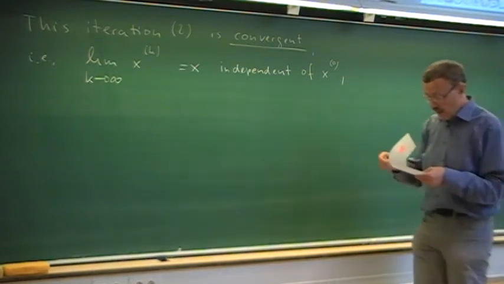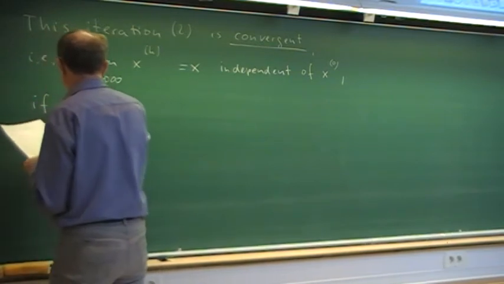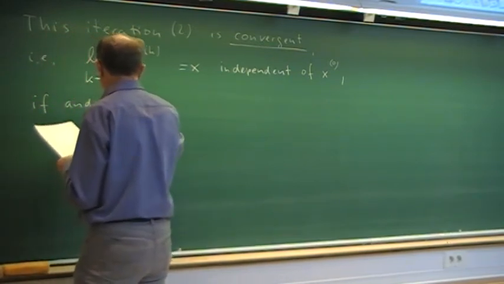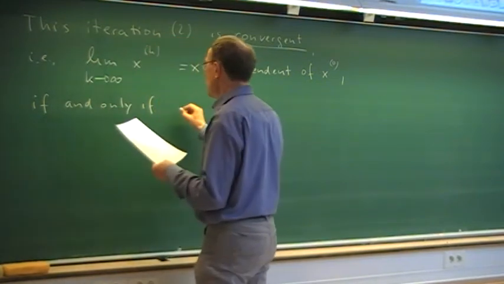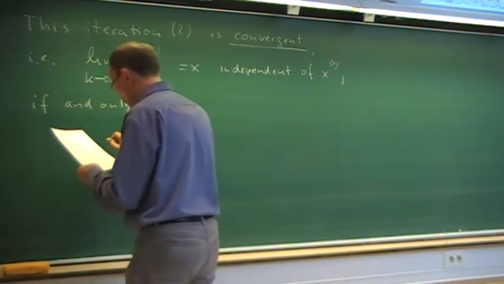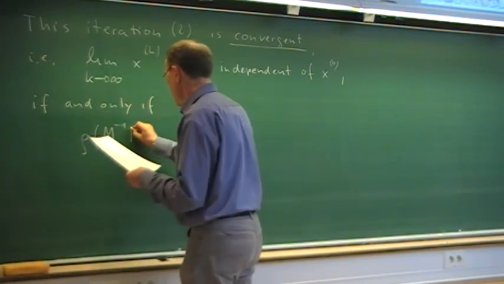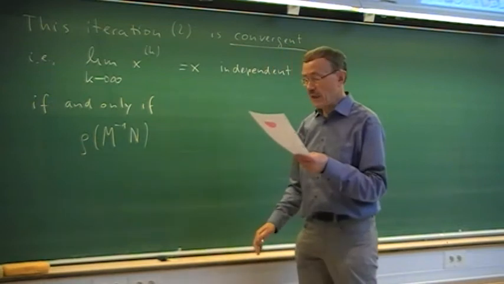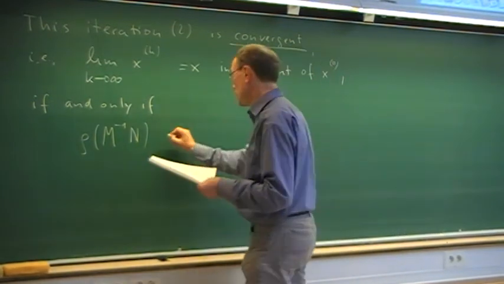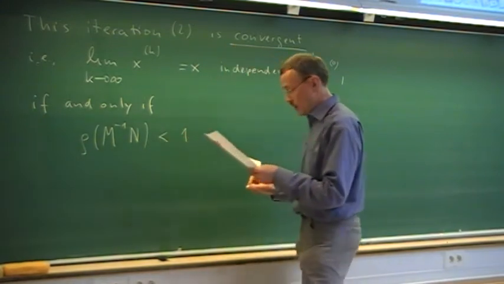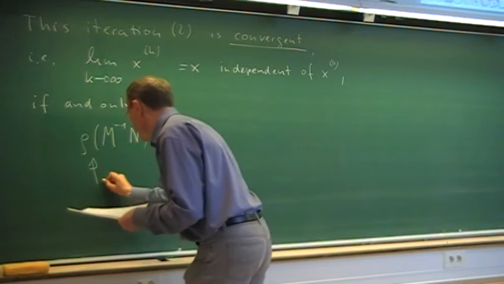The iteration is convergent if and only if the following condition is true, that is the spectral radius of this matrix that we had seen before, where I said don't compute the M inverse, just for when we do the analysis of the numerics, we don't need it. So that is the spectral radius, what we have here.